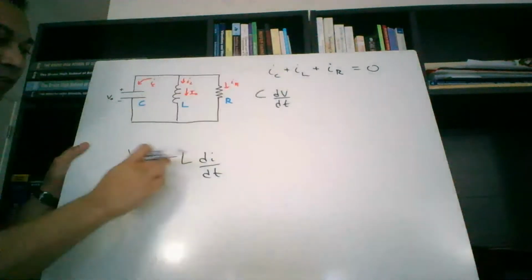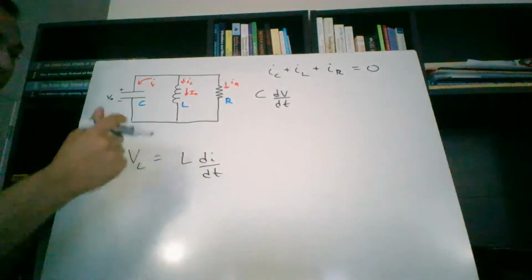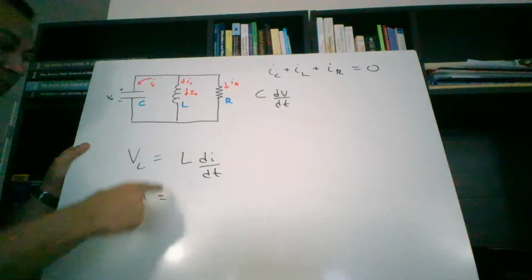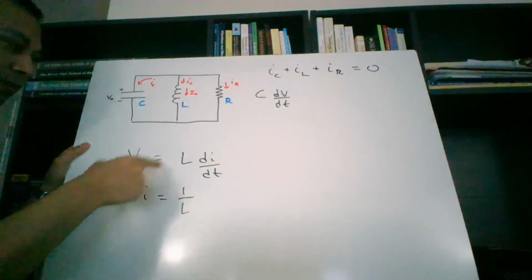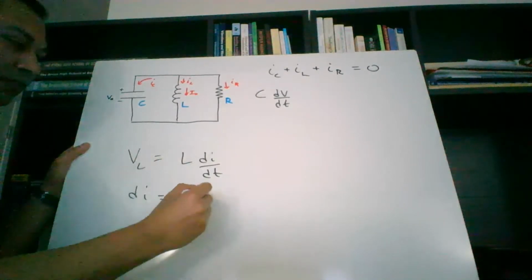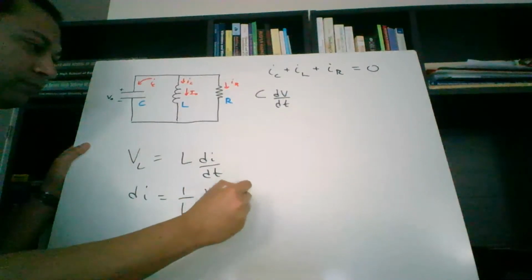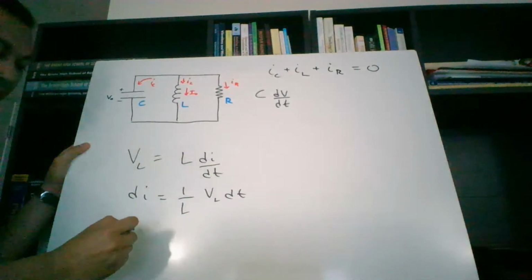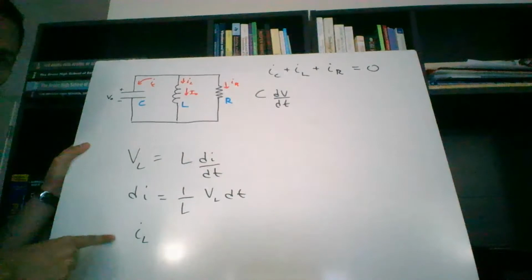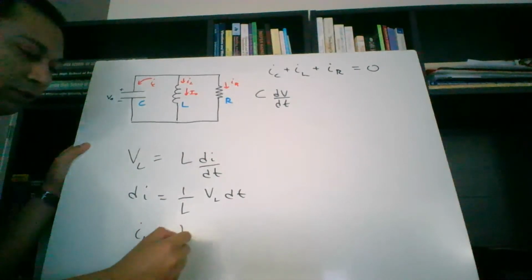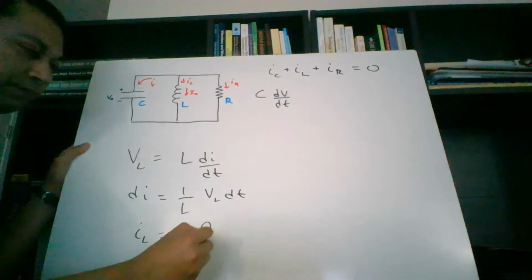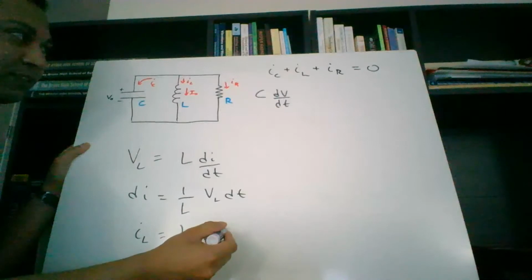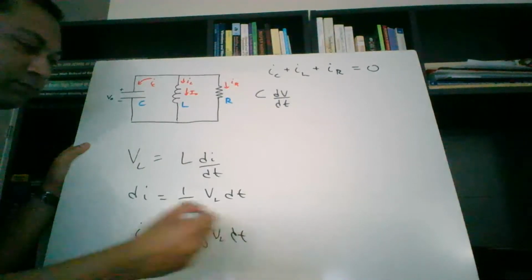In this case, the negative sign is going to go away, so we'll get rid of that for now. So bring the dt to the other side, and we get dI is going to equal 1 over L, I'm bringing it to this side, V_L dt. And if I want to solve for I, I have to integrate both sides. So I get I of the inductor is going to equal 1 over L, the integral of the voltage of the inductor times dt. Okay?